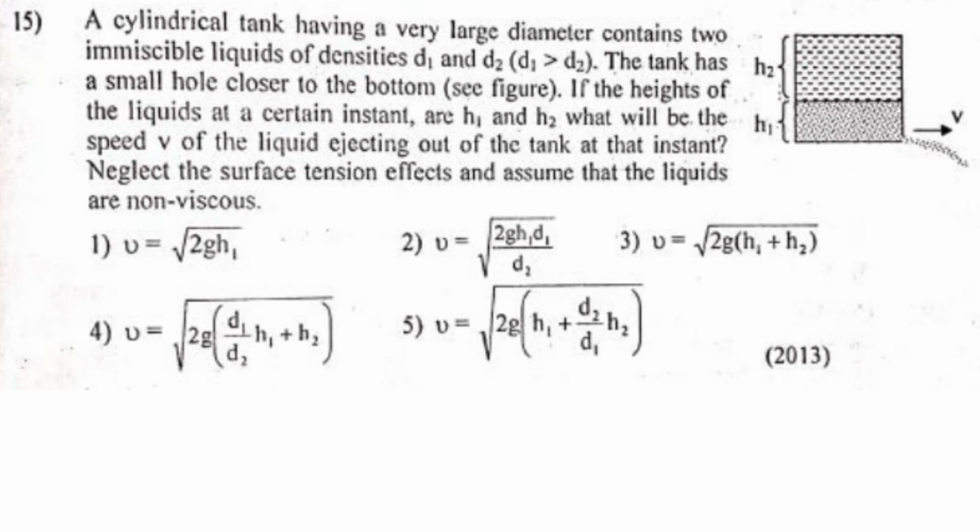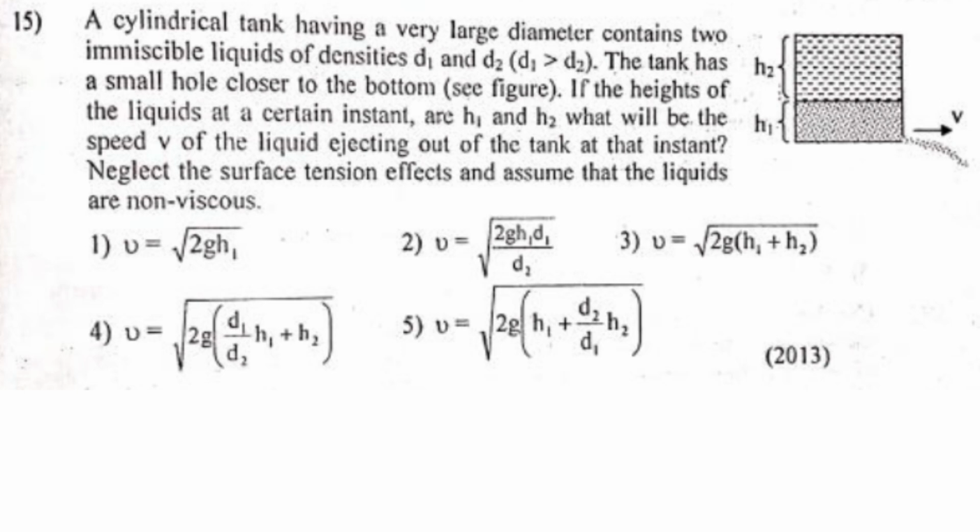Then 15. A cylindrical tank having a very large diameter contains two immiscible liquids of densities D1 and D2. They have given that D1 is greater than D2.